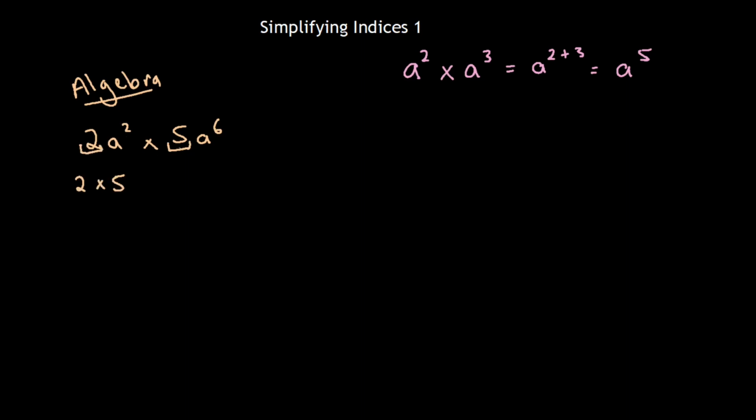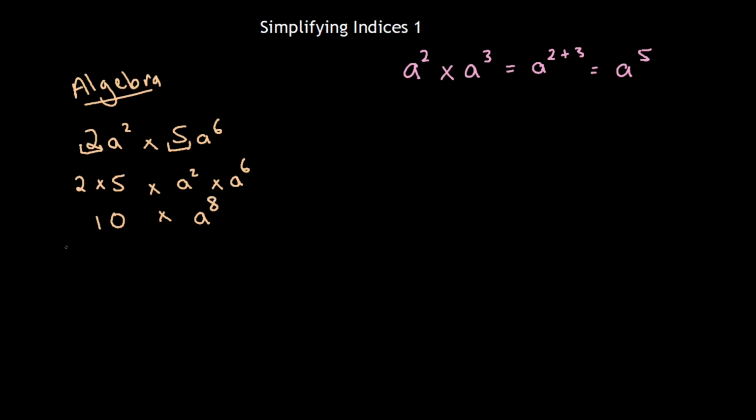I'm then going to have the a squared and the a to the power of 6 together, so a squared times a to the power of 6. Okay, and then we can go about multiplying. So it'll be 10 times a to the power of 8, because we are adding the indices. Right, so that's the first one done.